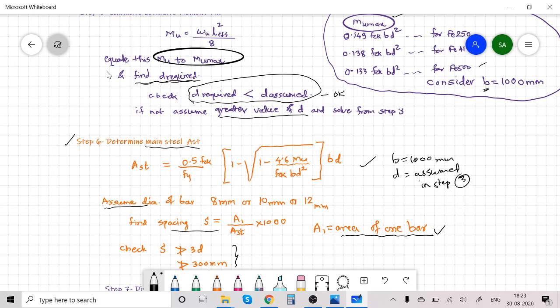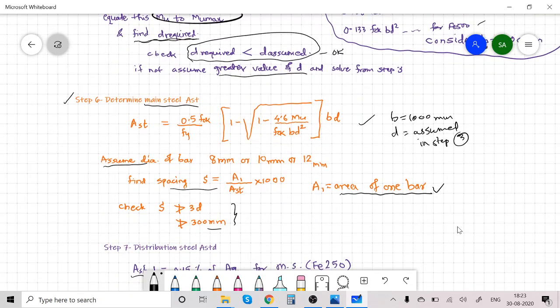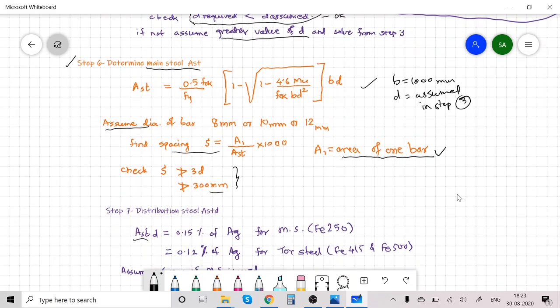So find spacing S is equal to A1 upon AST into 1000. Check this spacing is not greater than, this is important, check that the spacing calculated is not greater than 3D and it is also not greater than 300 mm.